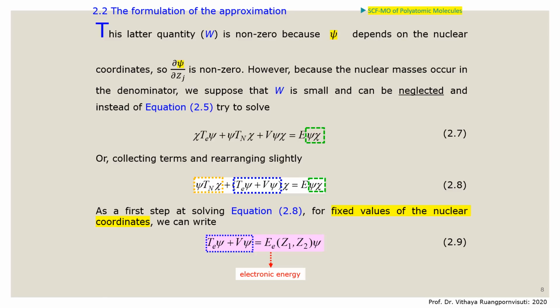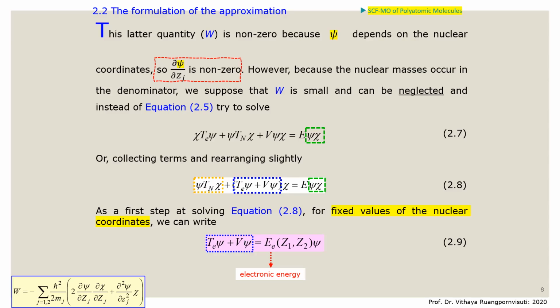From the previous slide, the quantity W is non-zero because the wave function of the electron depends on the nuclear coordinates. So, the partial differentiation of the electronic wave function with respect to the position of the J particle is non-zero.